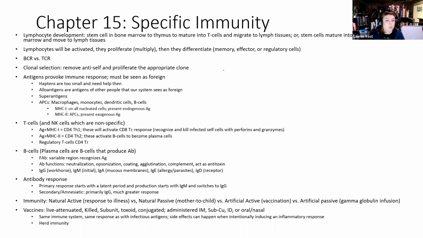And then we have antigen presenting cells. Again, those are macrophages, monocytes, dendritic cells, B cells that are circulating in the blood, in the body, or hanging out in the tissues, recognize something foreign and are bringing it now to the T helper cells to try to activate those associated T helper cells, the ones that are recognizing the same antigen.